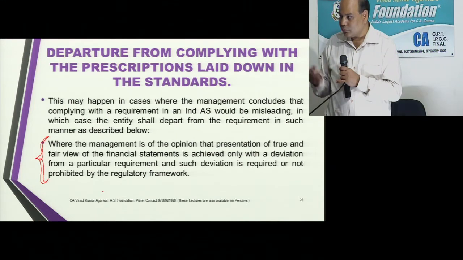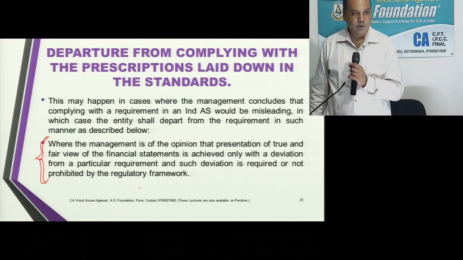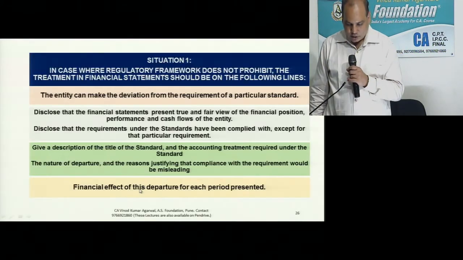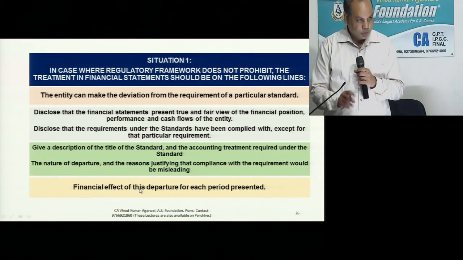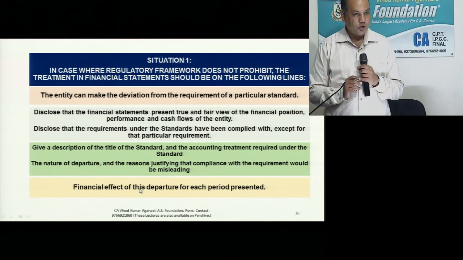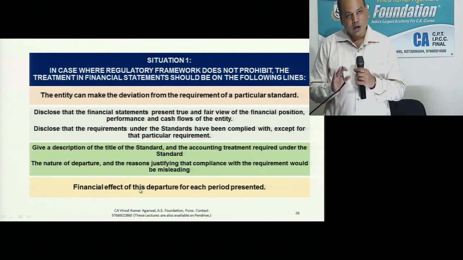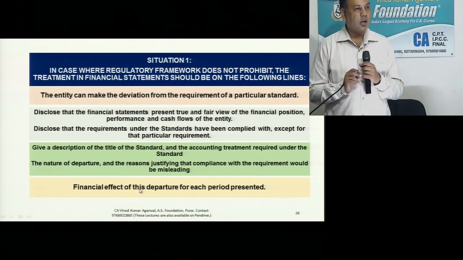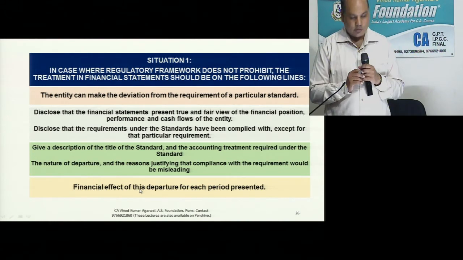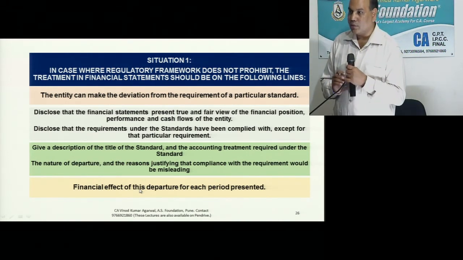And if you do, your financial statements are not compliant with Ind AS, not a true and fair view. Correct? In your book, you'll find there are two columns I have written, situation 1 and situation 2. Situation 1 is where the law allows departure. Law allows deviation from the Ind AS. In that case, what are the requirements?